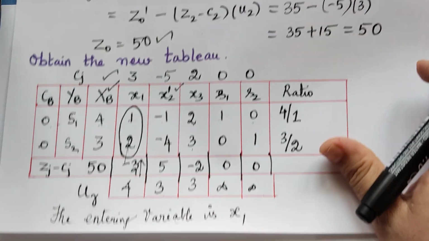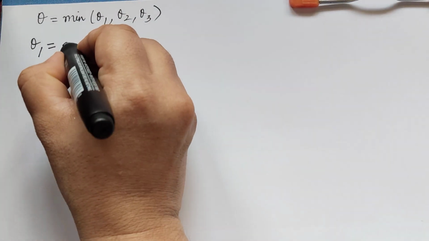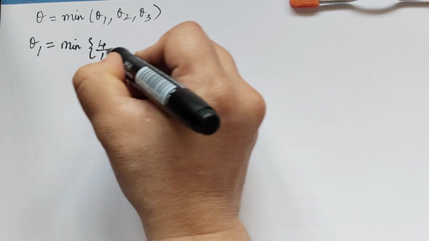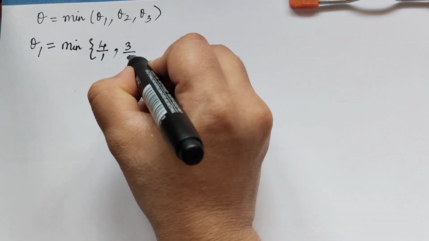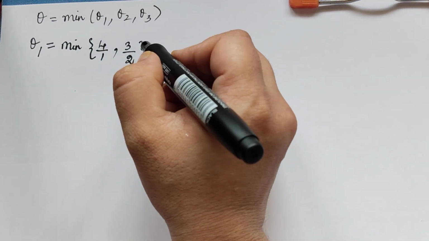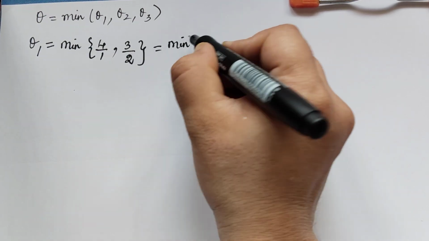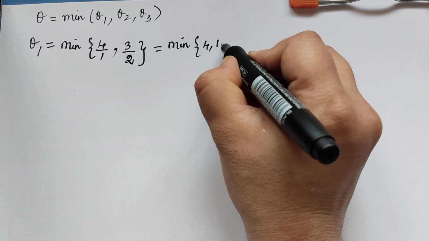The minimum of this ratio is theta 1. So theta 1 is the minimum of 4 by 1 and 3 by 2. What is this 3 by 2? It is 1.5. So this is the minimum of 4 comma 1.5.